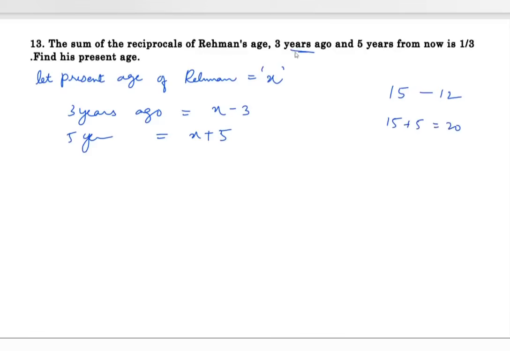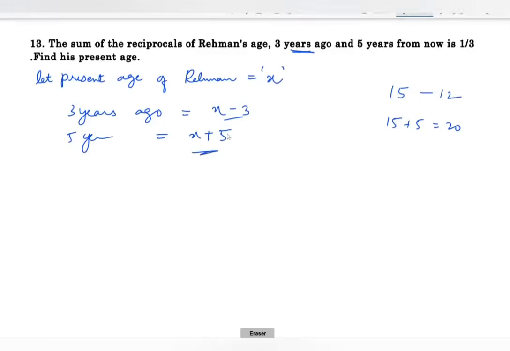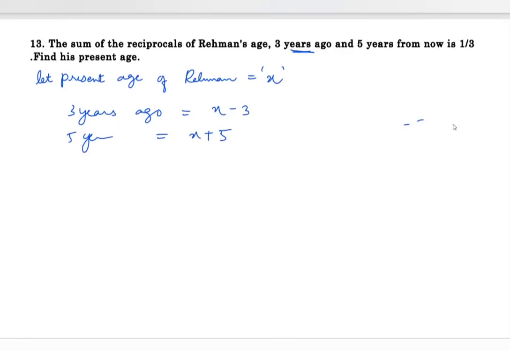In the same way, 3 years ago his age was x minus 3. 5 years from now his age will be x plus 5. Present age is x. 3 years ago his age will be x minus 3.